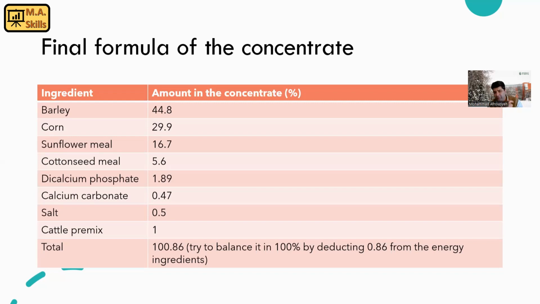Usually 0.5% salt. If you want, you can calculate the amount of sodium and chloride in your diet, and then precisely you can calculate the amount of required salt.